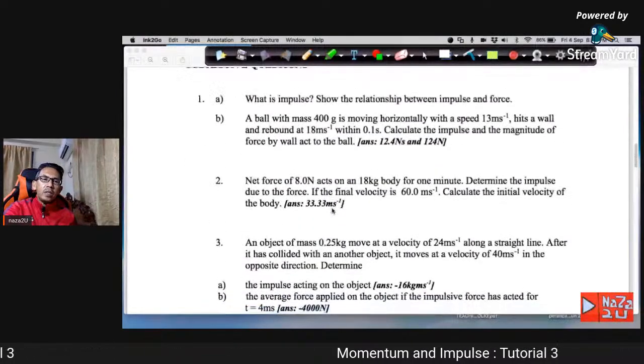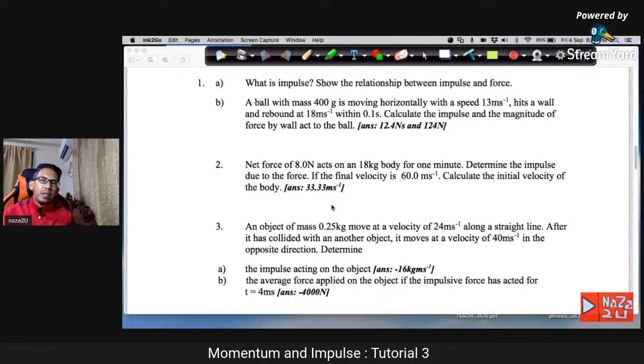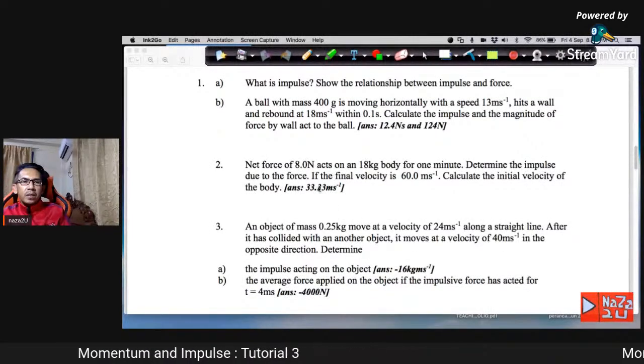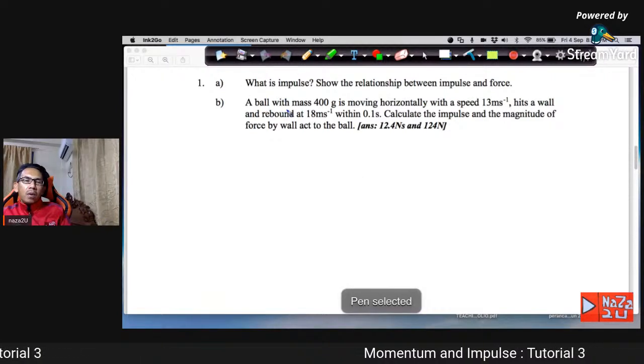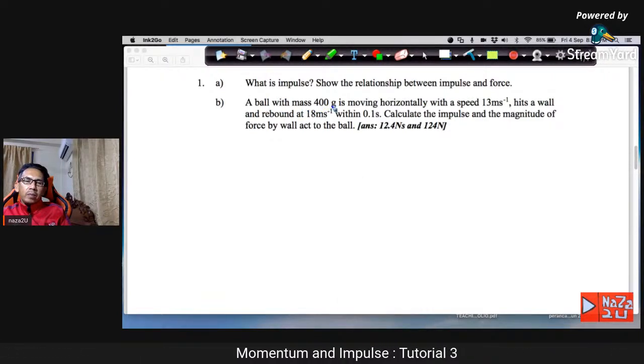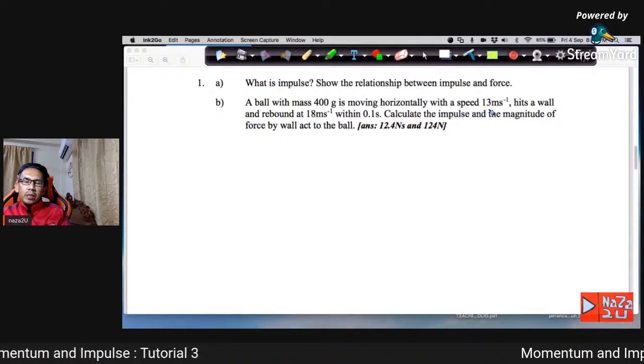Okay, next question, number 1B, is a calculation. A ball with a mass of 400 grams is moving horizontally with a speed of 30 meters per second.